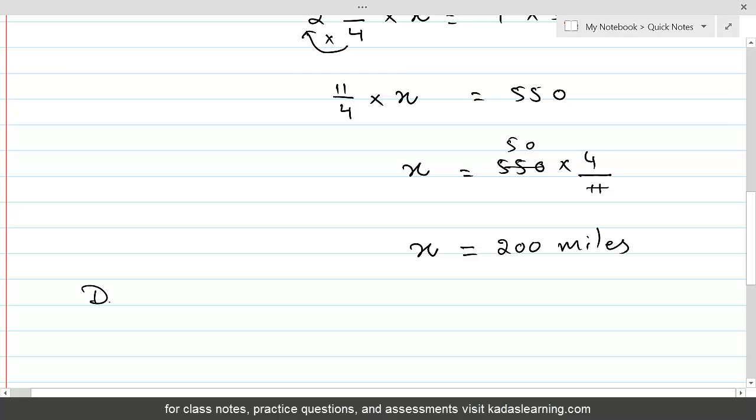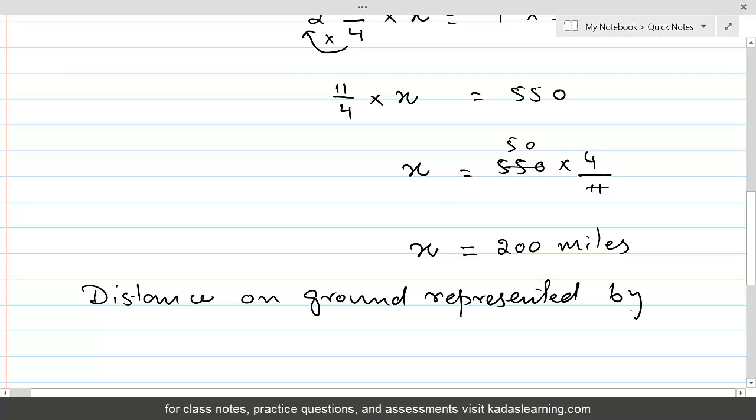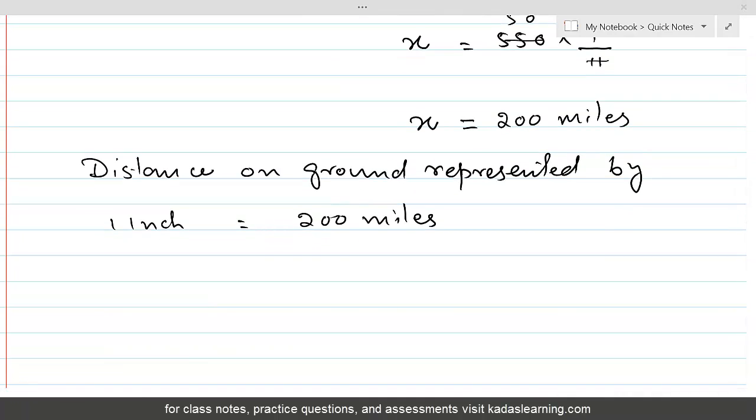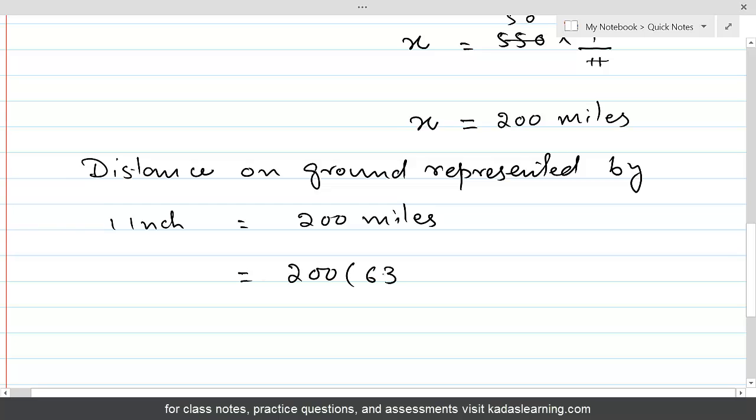So distance on ground represented by 1 inch. 1 inch is equal to 200 miles. And if we like to convert it, then we know that 1 mile is equal to 63,360 inches.